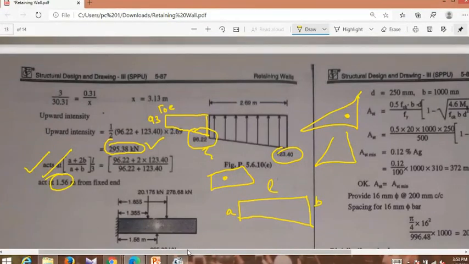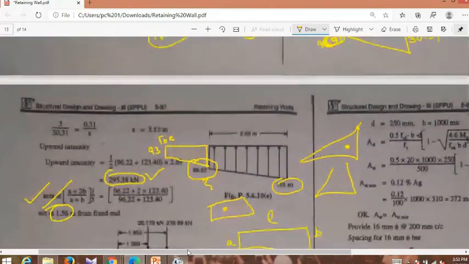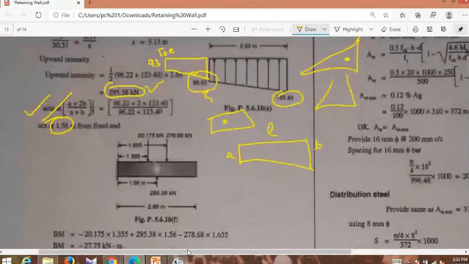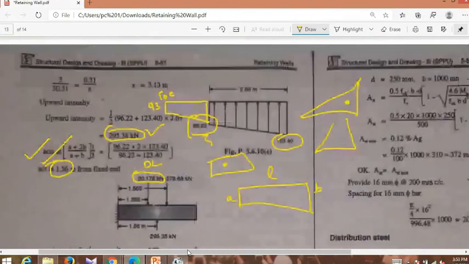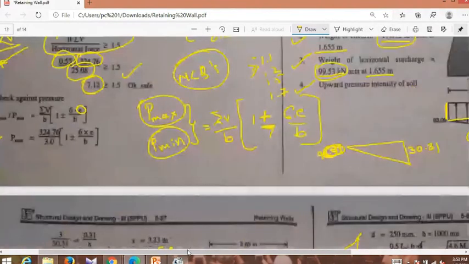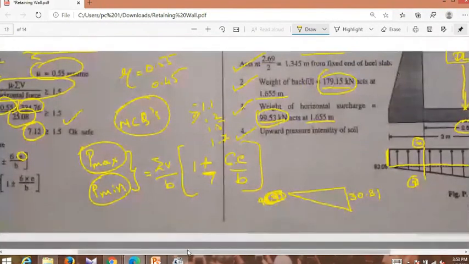Okay, see how many loads we have got now. I will show it here only. The first one was dead load. How much dead load have we got? That is 20.17. This is due to self weight, correct? Then we had this one, that is 278.68. This is due to surcharge, which we have already calculated here.